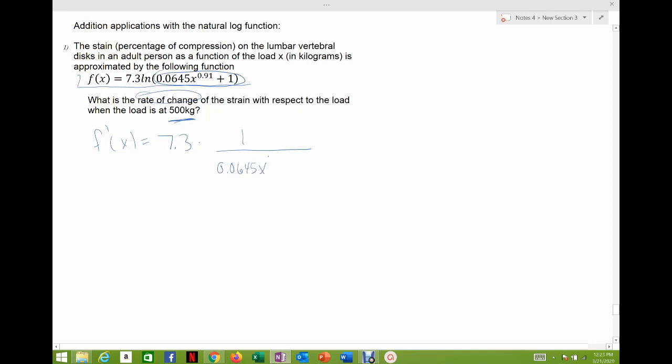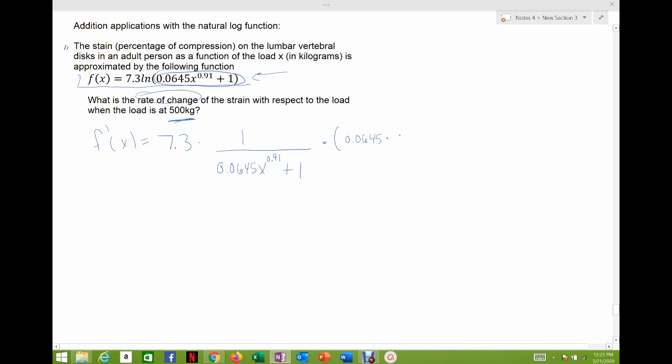0.0645 x raised to the 0.91 plus 1. So that's the logarithmic part, 1 over what's inside, but we're not done yet. Chain rule is then I have to multiply times the derivative of the inside. So again, I just look at the inside function, and it's a power function. It is a power rule. It's an ugly power, but it is just a power rule. That 0.0645 is just a constant that's come along.